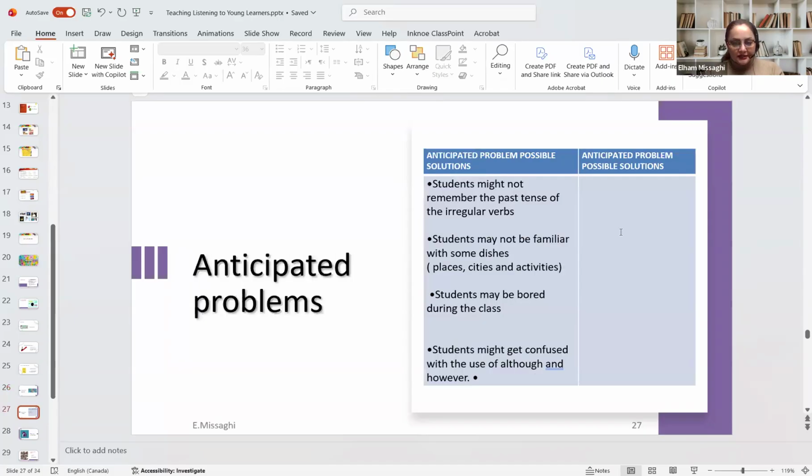You start the class, and in this session, you're reviewing past tense, or in French, masculine and feminine words. But they cannot remember. That problem may happen, right?